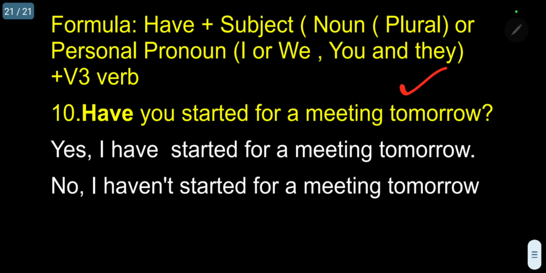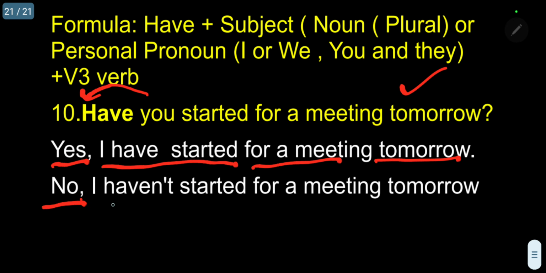There are two possibilities. Yes, I have started for a meeting tomorrow, meaning the process of what I have to discuss and the plan for the meeting tomorrow. Suppose, no, I haven't started for a meeting tomorrow. Kindly follow.